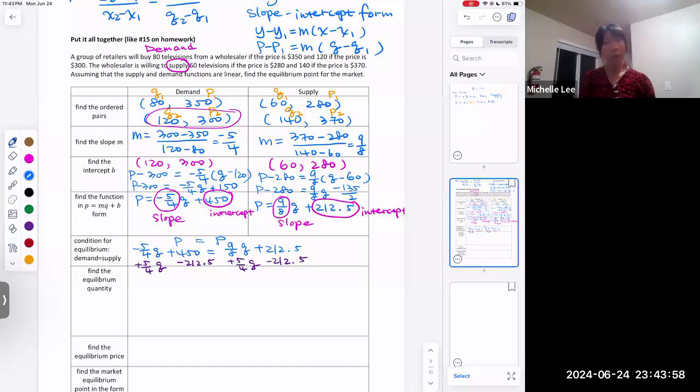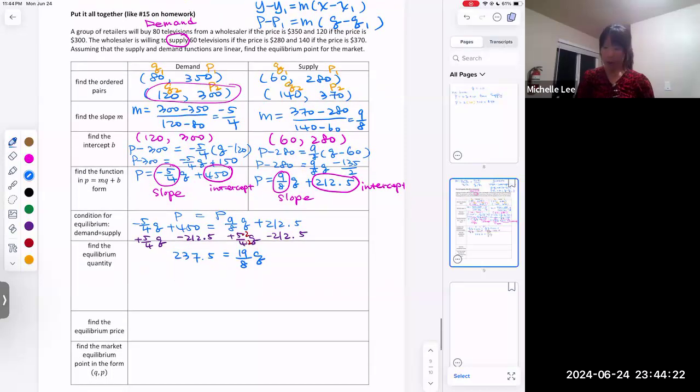Then let's do it. That will be 237.5 equals, with common denominator 8, 19 over 8 Q. So Q will be, multiply by 8 over 19 on both sides, 1900 over 19, which is 100.